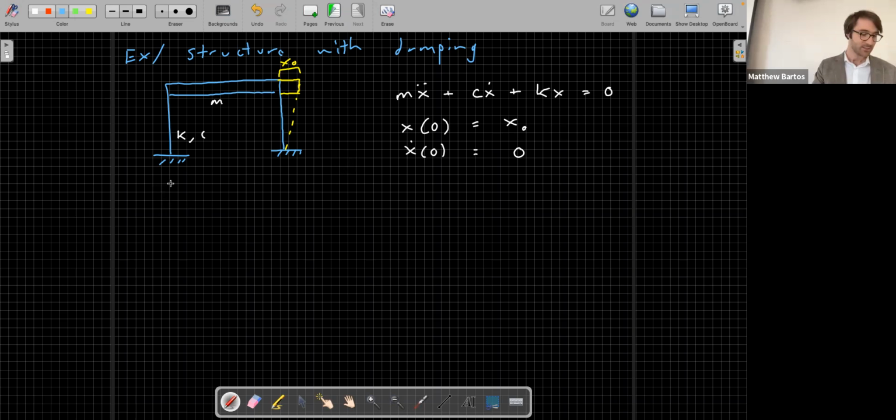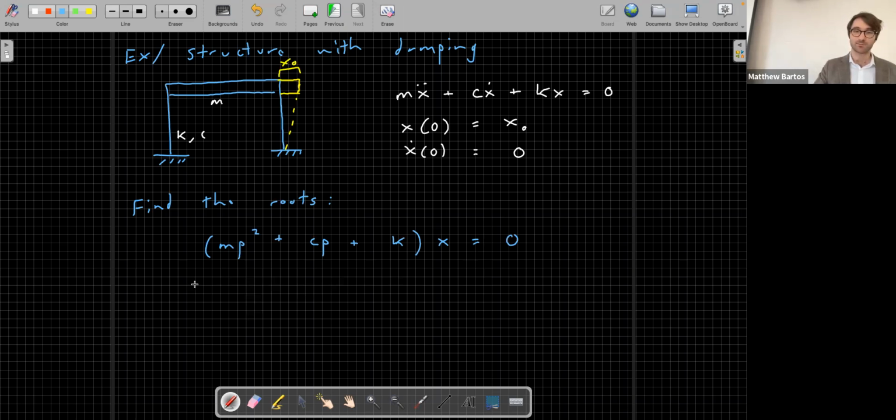Okay, so you may remember this from undergraduate differential equations as well, but I want to make sure I review this. Okay, so if we find the roots, our characteristic equation will look like something of the form m p squared plus c p plus k all times x is equal to 0.